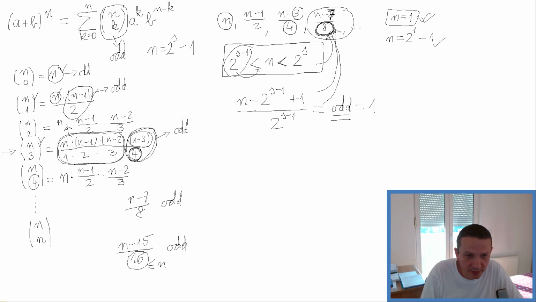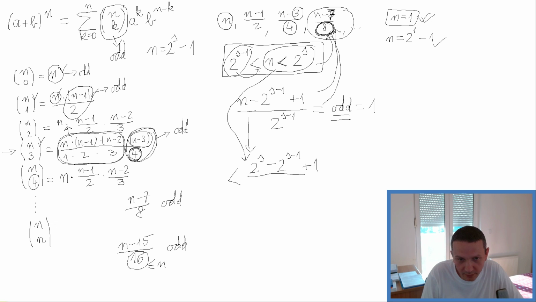Why? Because this fraction here is less than, we now use this second inequality here, that n is actually less than 2 to the power of s. So n is less than 2 to the power of s minus 1 plus 1, over 2 to the s minus 1.